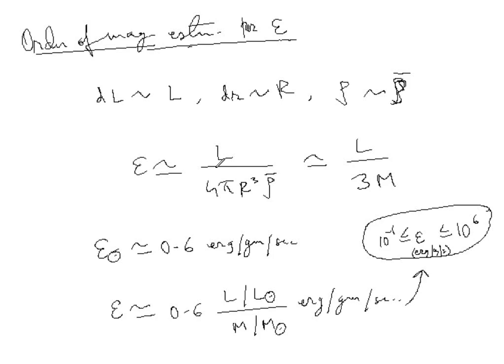Interestingly, it is also possible to do a sort of scaling and get the dependence of this energy production rate on temperature. Let me show you how. Using only scaling and order of magnitude, we would like to see the dependence of energy generation rate on temperature. Now we know that epsilon is proportional to L by M, and we also know that L is proportional to M^n, where n is of the order of 3.